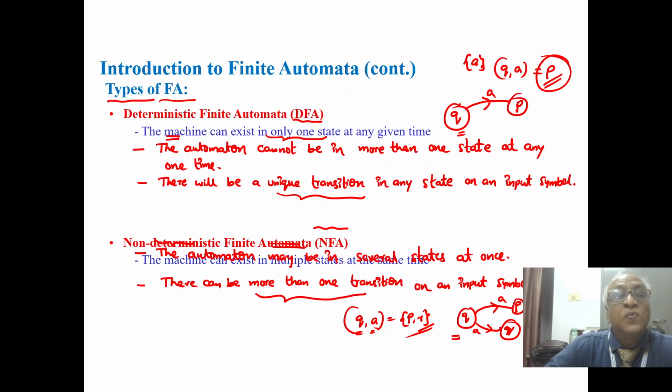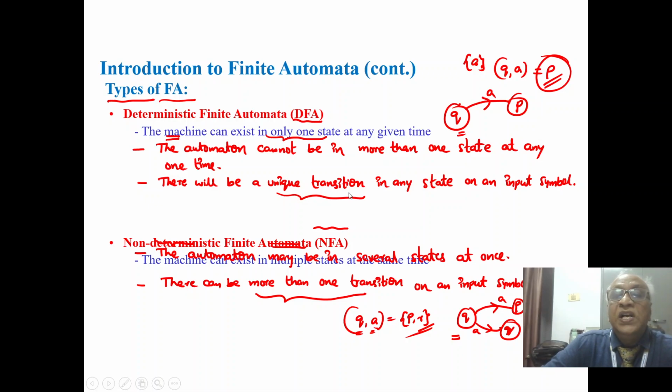Now, finite automata are divided into two types: deterministic finite automata and non-deterministic finite automata. For deterministic finite automata, the machine can exist only in one state at any given time. The machine cannot be in more than one state at any given time.